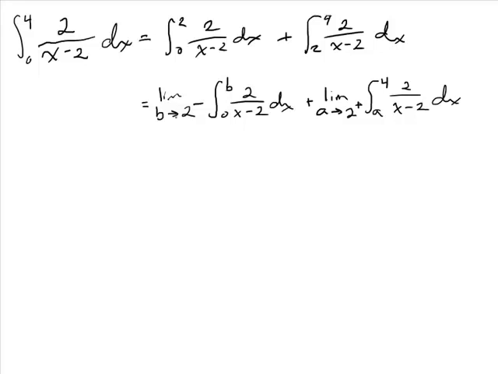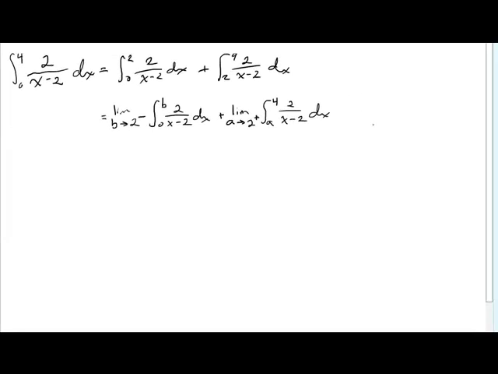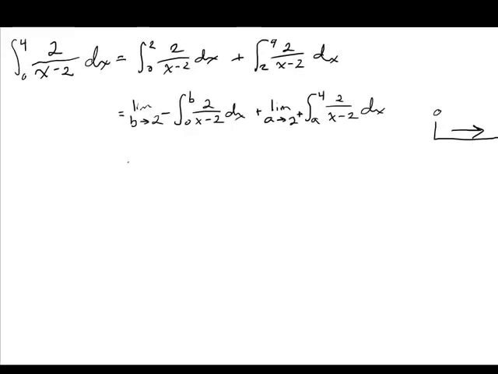Now the reason b is going to 2 from the left, well, think about our interval. We have the interval from 0 to 2, so we're heading to 2 from the left. Very similarly over here, a is going towards 2 from the right.